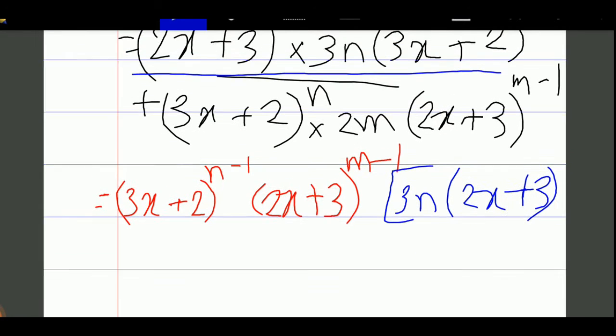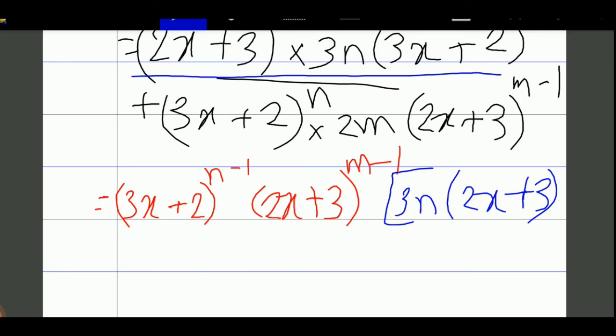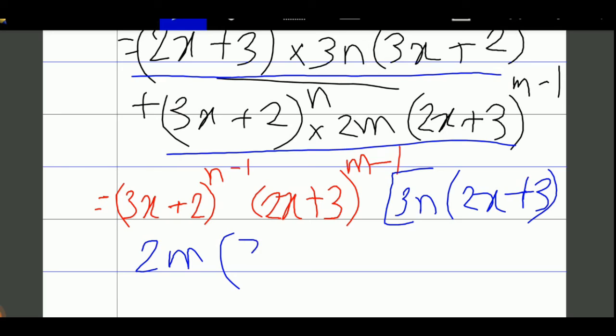Now differentiating the next term, in common we get 2m with (3x + 2) raised to the power 1.